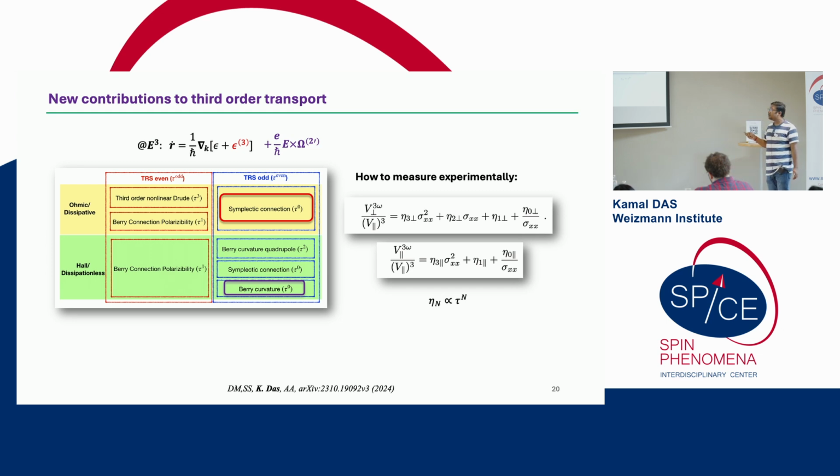All you have to do is measure any higher order response, plot it with sigma xx, the usual conductivity, and find out the coefficient of sigma xx squared, and this coefficient will tell you which power of scattering time the conductivity you are seeing depends on. So using this scattering time analysis, you can most probably figure out which response you are seeing in your experiment.